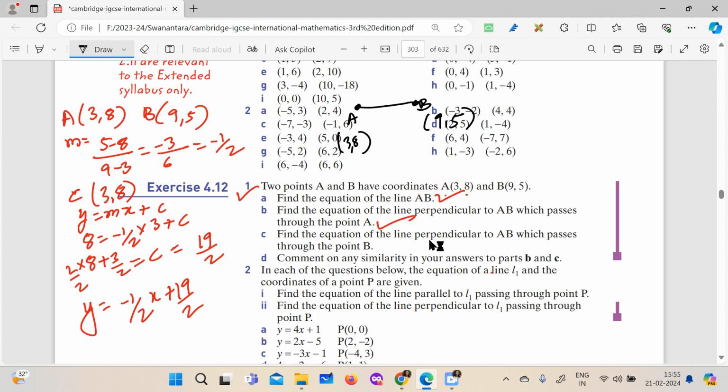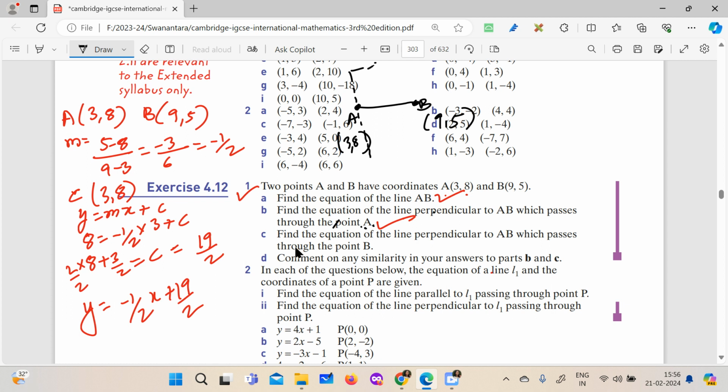Now, the next part of the question is to find the equation of the line perpendicular to AB, which passes through point A. So it is not to be drawn here, it is going to be here. Clear? So you have to find this perpendicular line's equation.